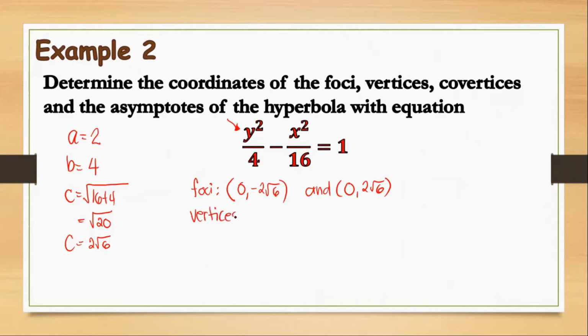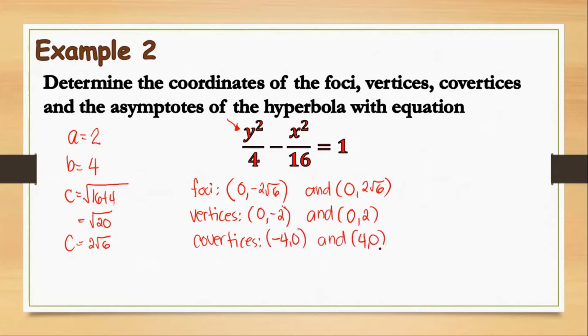The vertices will be found at 0, negative 2, and 0, positive 2. However, our co-vertices will be found at the x-axis. So that is negative 4, 0, and positive 4, 0.